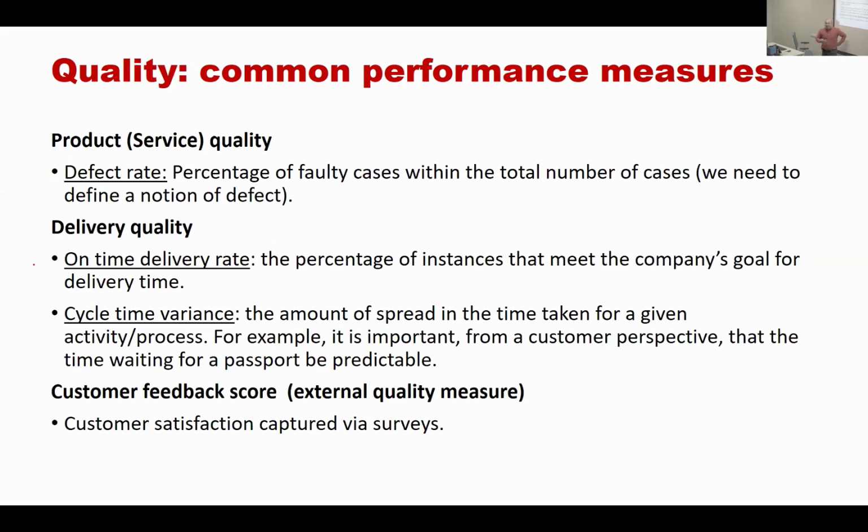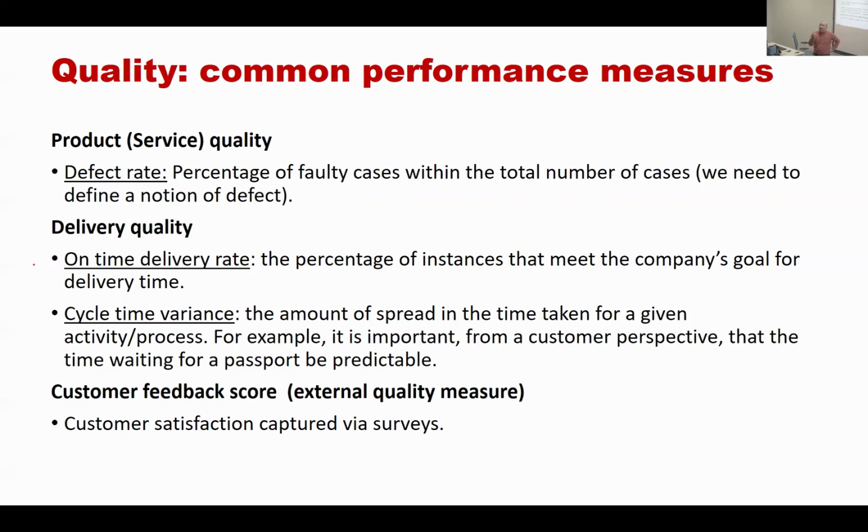The third dimension of performance is the quality dimension. And in there, we find different types of measures. One of them is the defect rate, and we're going to be trying to analyze defect rates by means of process performance mining. The defect rate is something you define conceptually. So you have to analyze the domain and come up with a notion of defect.